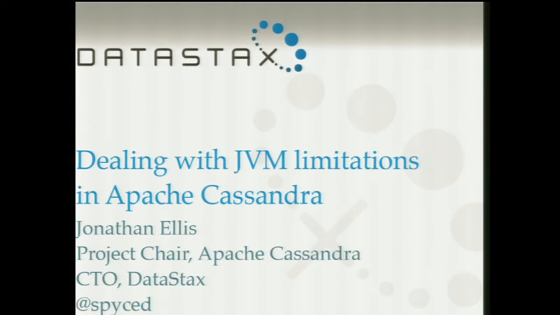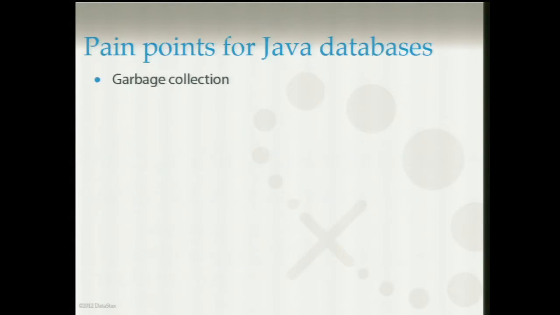So I'm going to talk more about the low-level stuff we do in Cassandra to get good performance and a good user experience on top of the JVM. Some of this is more challenging than others. If I were to summarize the pain points of building on top of the JVM in a word or two, it would be garbage collection.